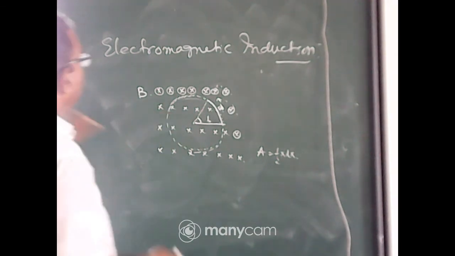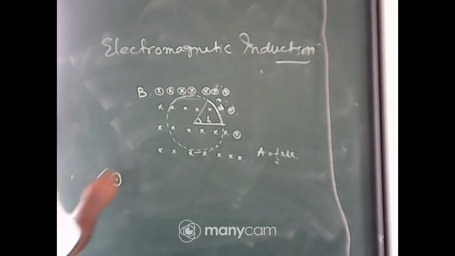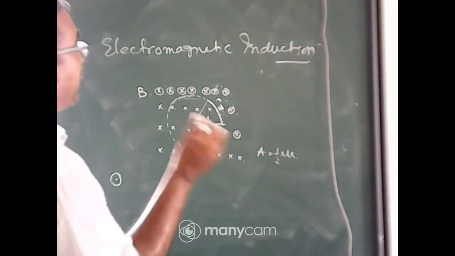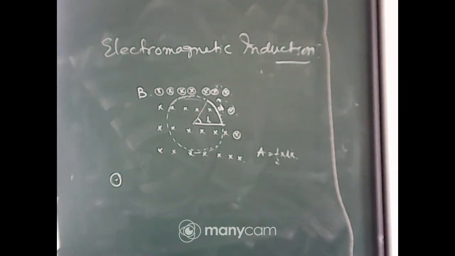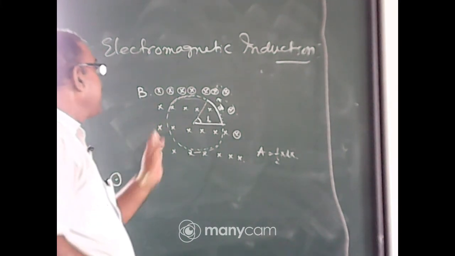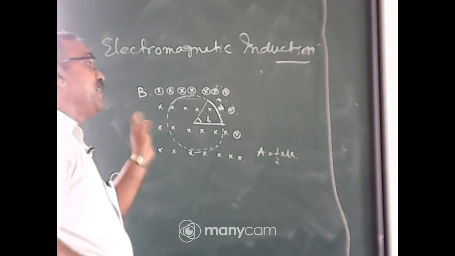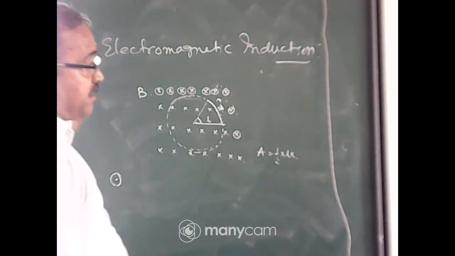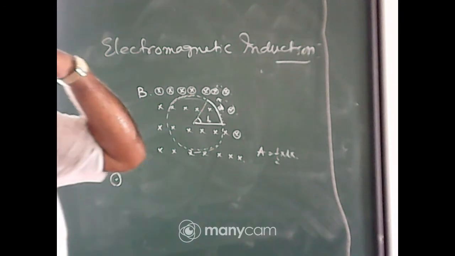Clear? One symbol means the magnetic field is onward the board, and this symbol means magnetic field inward the board. So when you see this type of symbol, it indicates the magnetic field is inward the board. And if you see the dot, that is onward the board.